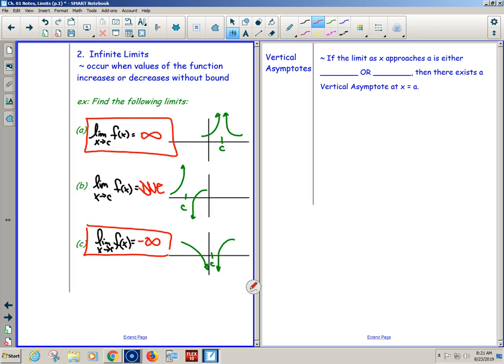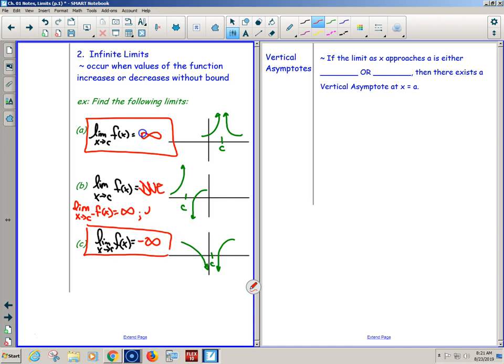However, reviewing yesterday, what would we say if we were talking about the limit as x approaches c from below? The one-sided limit, how would we answer that? Positive infinity, because from the left, or from values below c, the function is increasing without bound, so positive infinity.